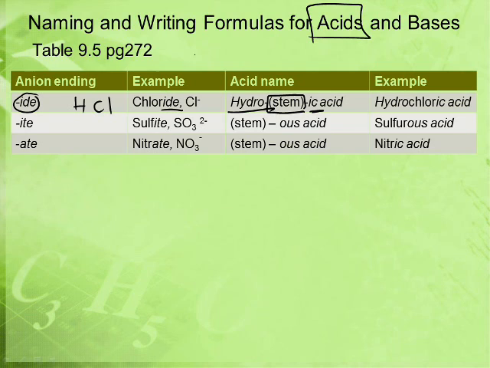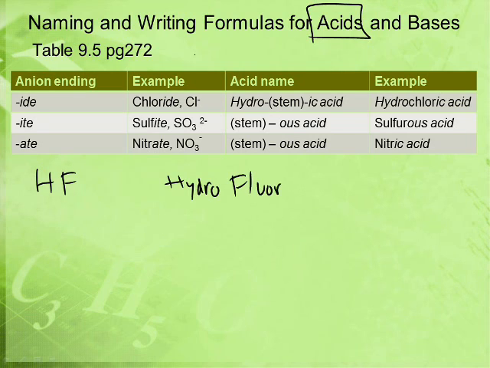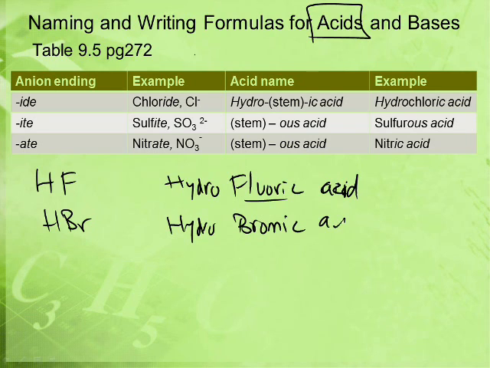We put acid there to show that it is an acid. Let's try another one. HF normally would be hydrogen fluoride. Well, that's a fluoride. So we're just going to say hydrofluoric acid. Or HBr, that's hydrobromic acid instead of hydrogen bromide. The hydrogen makes it the acid.